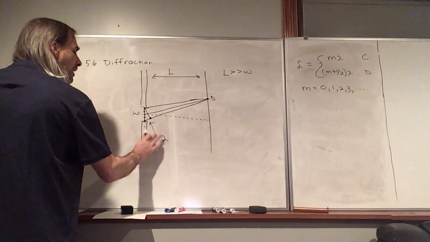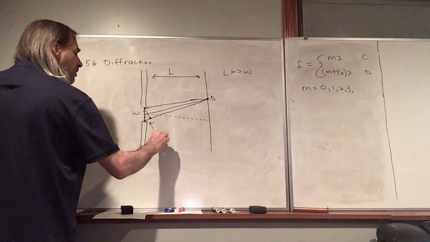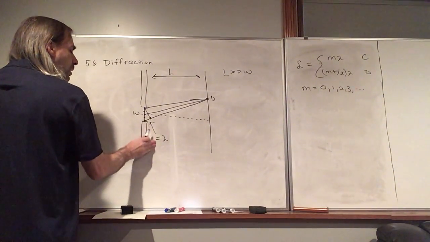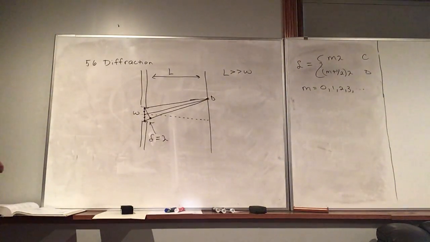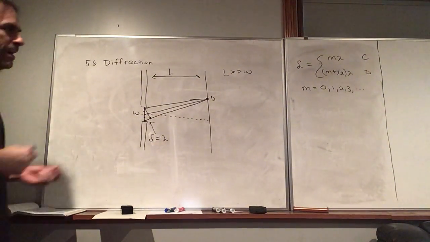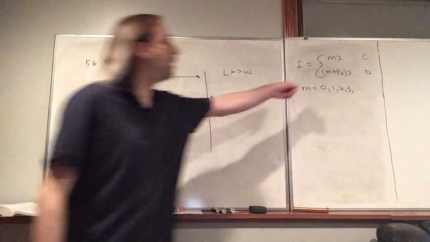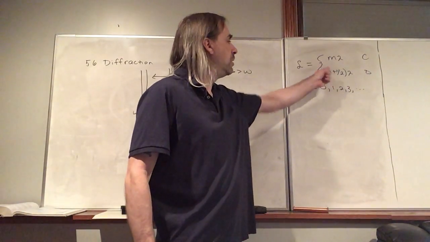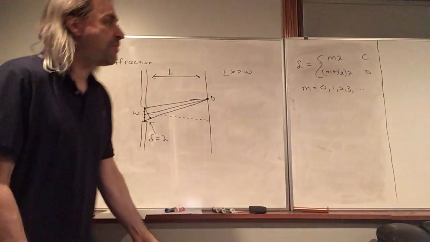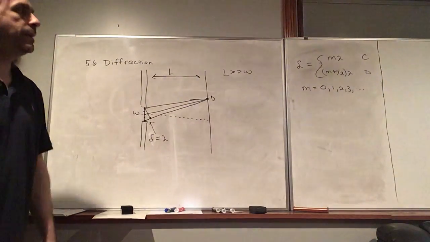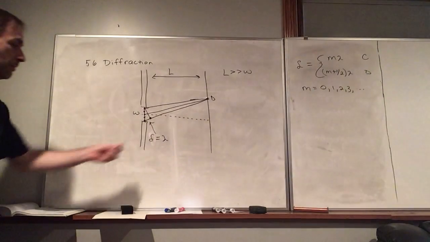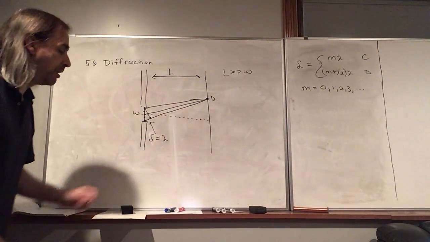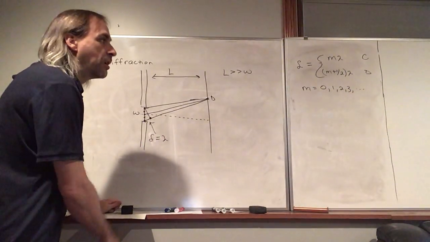But what I'm going to say is that to get destructive interference, we want the path length difference to be equal to lambda. Now that might sound a little surprising because if we set m equals 0, destructive interference should be half lambda. And if we plug in m equals 1, 3/2, delta equals lambda, normally we'd associate that with constructive interference.